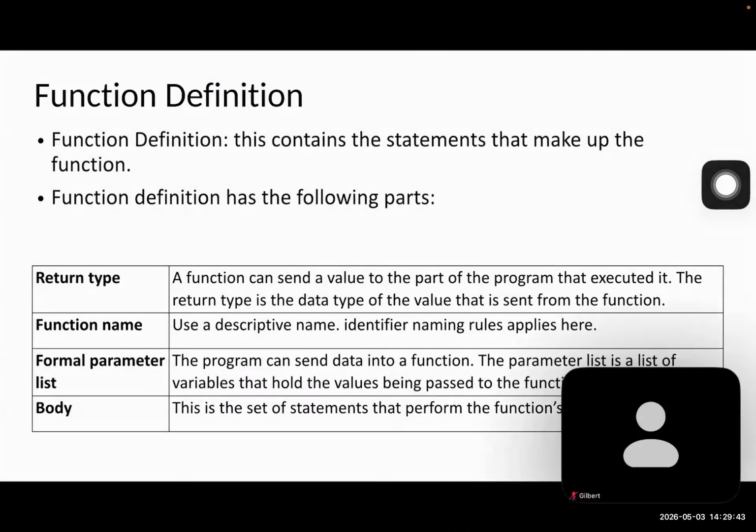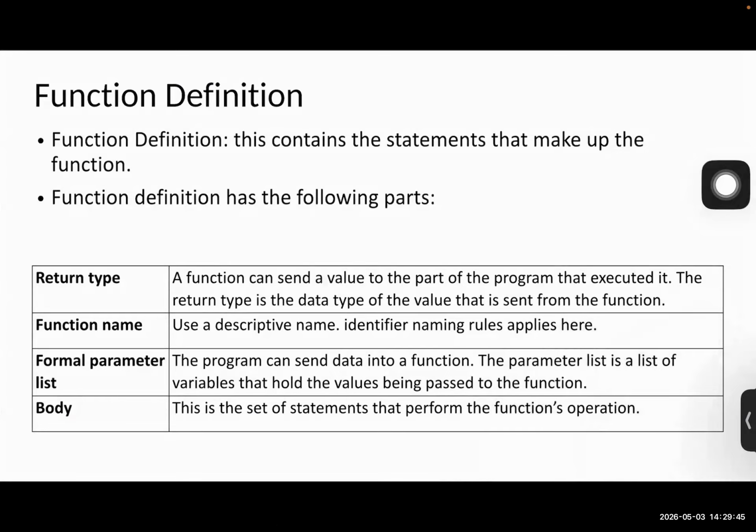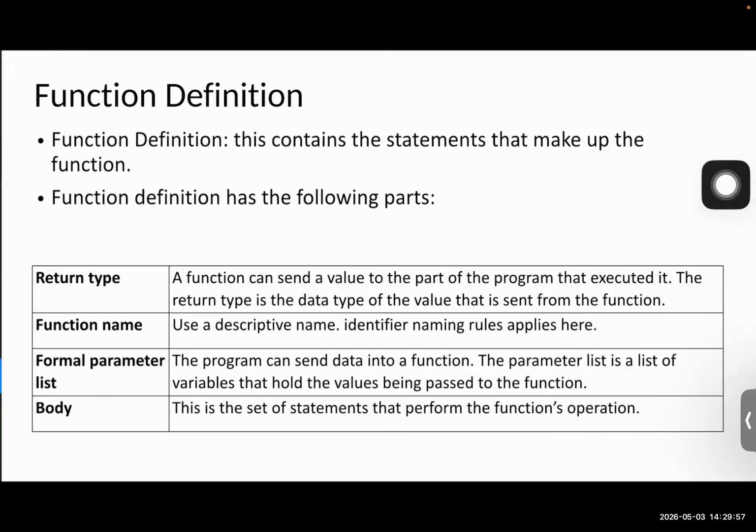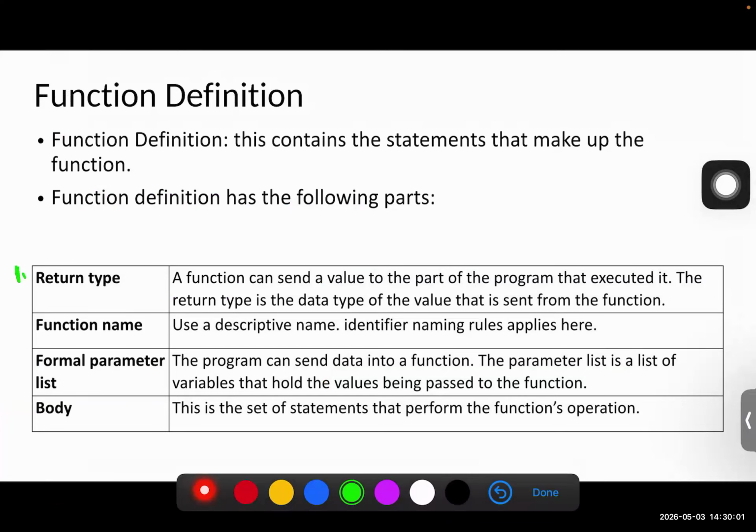So as I was saying earlier, now let's look at the various parts of the function definition. For the function definition, we were mentioning something called return type. When we say return type, we are simply referring to the value that the function will return.